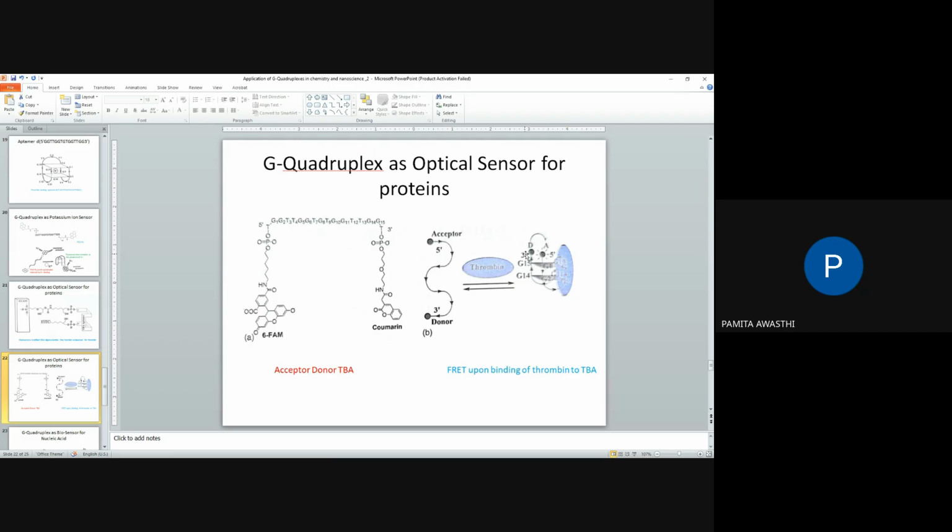These conformational changes will significantly enhance the fluorescent signal for 6 FAM, because upon folding it shows an interaction with the coumarin, that is an acceptor donor kind of interaction. This assay is highly sensitive, with a detection limit of 100 nanomolar thrombin in a sample.